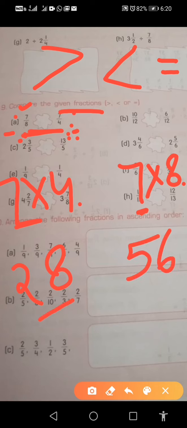Now 28 is less and 56 is greater. The symbol will be open on the side which is greater. The greater number has the open side of the symbol and the smaller number has the pointed side. So in this symbol we have to write 7 by 8 less than 7 by 4.